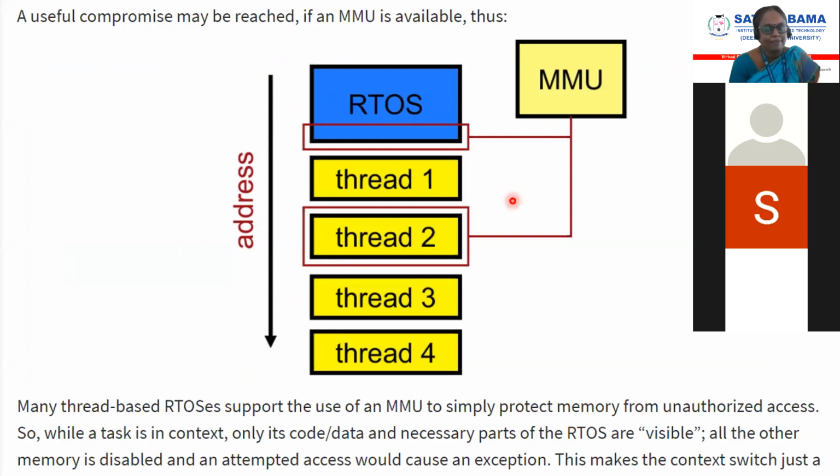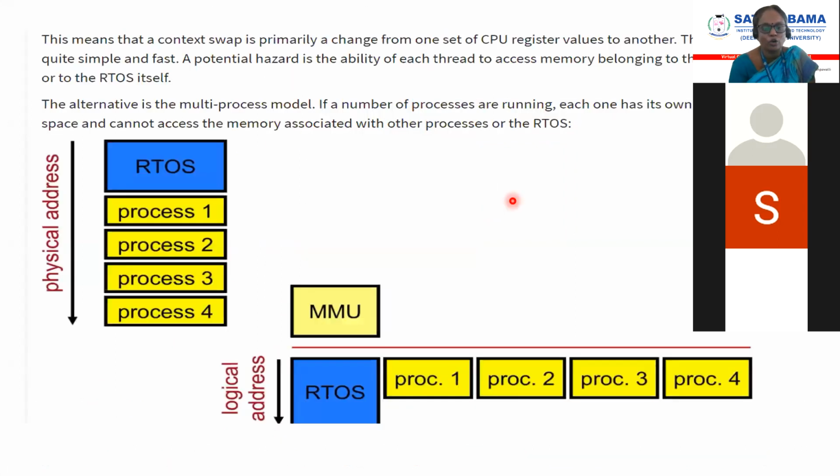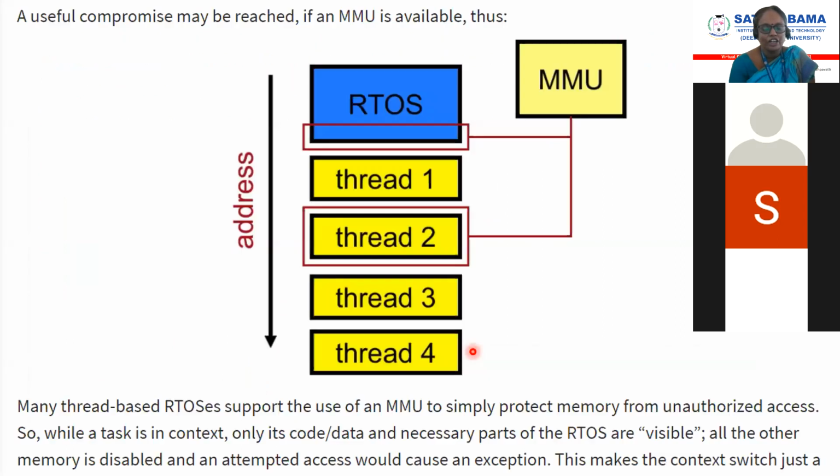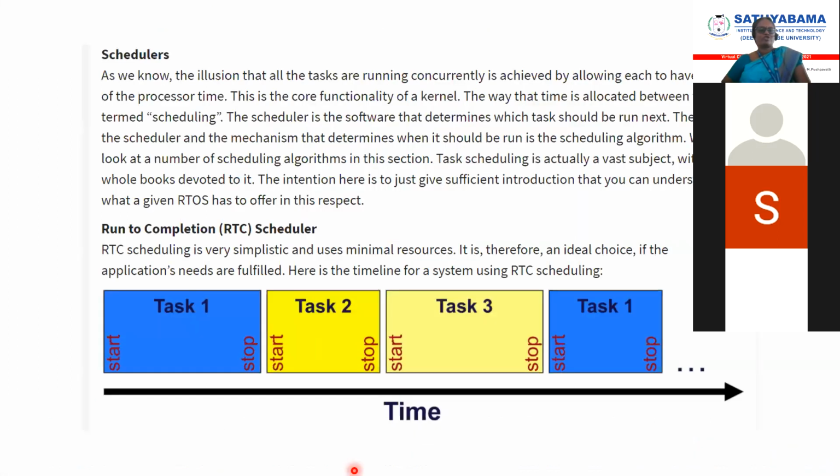So the memory management unit plays a role not only for processes but also for threads, to protect from unauthorized use. This is to understand how we allocate the multi-thread and multi-process models.